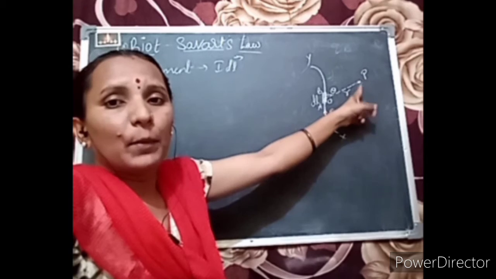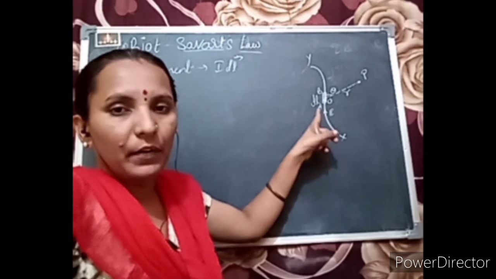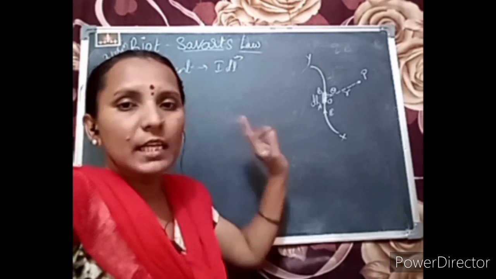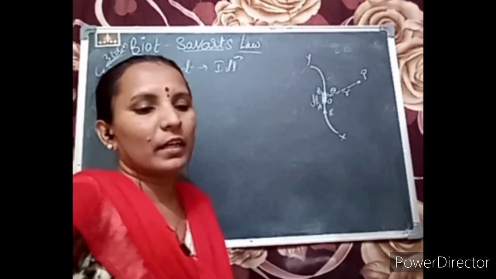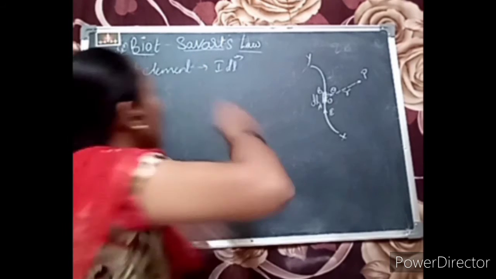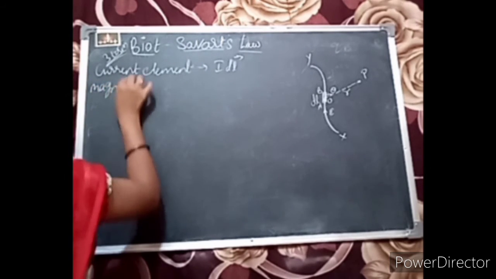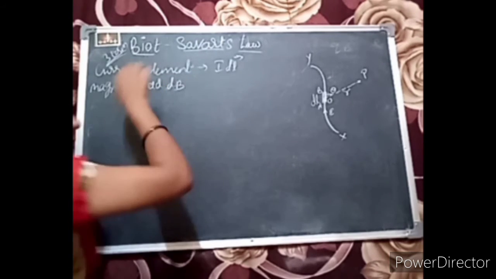The magnetic field at a point P due to this current element Idl is directly proportional to it. Let me call the small magnetic field dB. Look here.